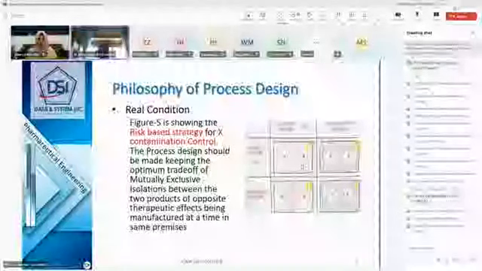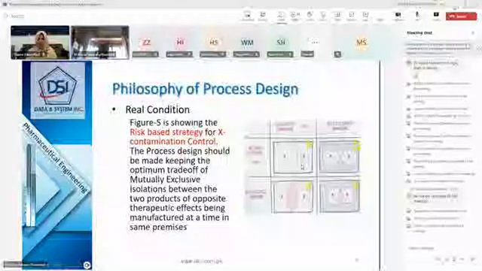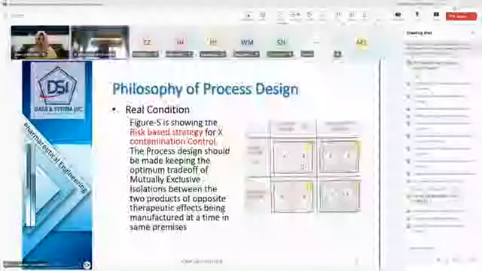So it is not fixed. Here we are just following the law, following the regulation. In addition to following the regulations, we are also considering the possible process risk.